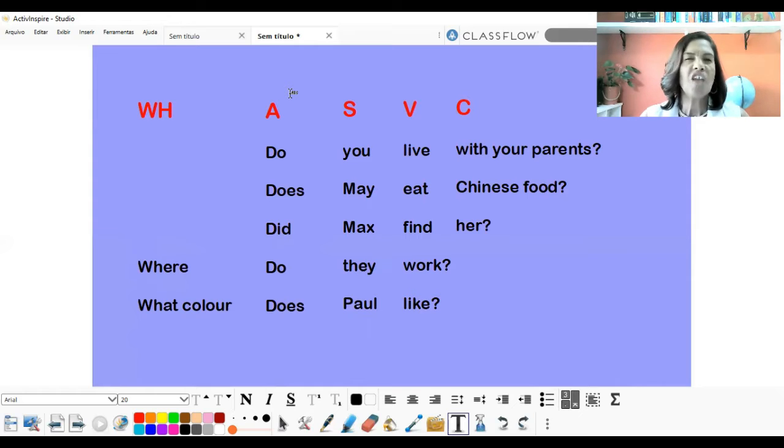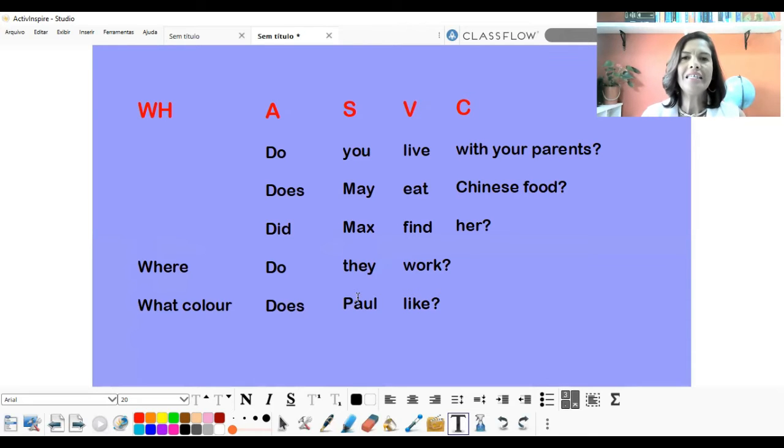So, let's check the order first. A for auxiliaries. So, do, does, did, do, does. Okay. S for subject. You, May, Max, they, Paul. Right? It can be a personal pronoun, right? The subject pronoun, or a person, right?